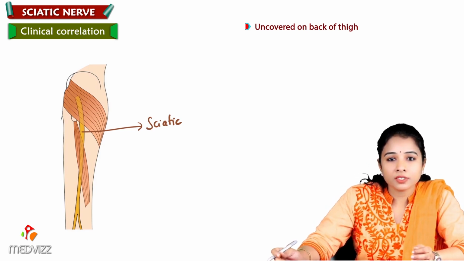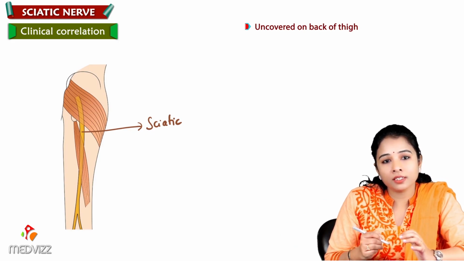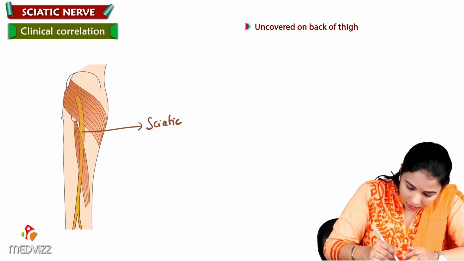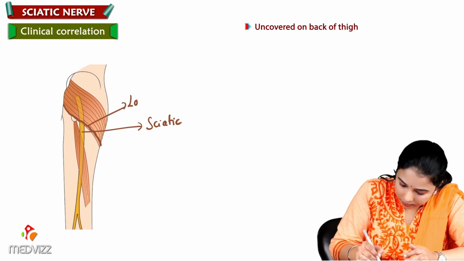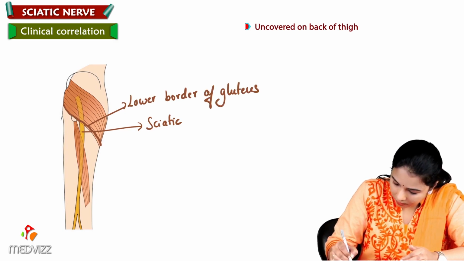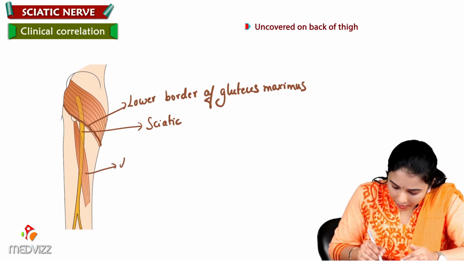So the next condition is about the sleeping foot. The sciatic nerve is uncovered on the back of the thigh at the angle between the lower border of the gluteus maximus, so this is the lower border of the gluteus maximus, and here is the long head of biceps.